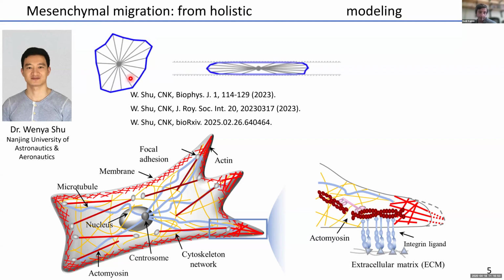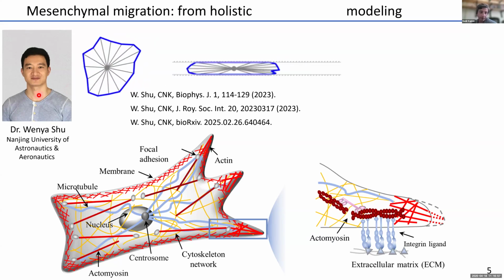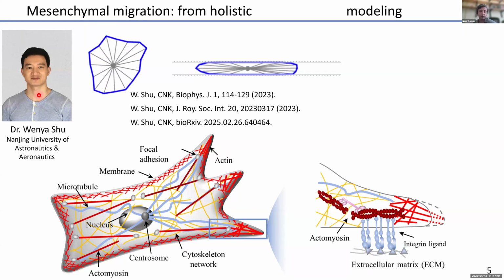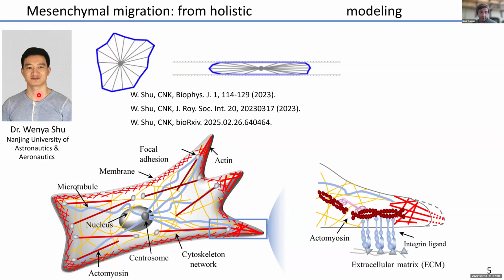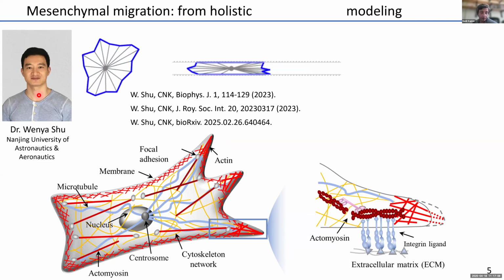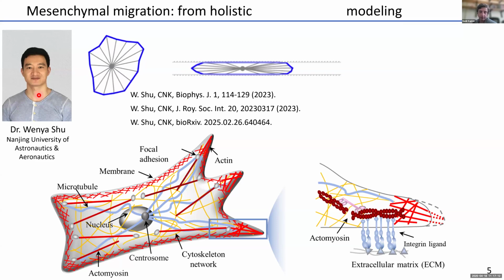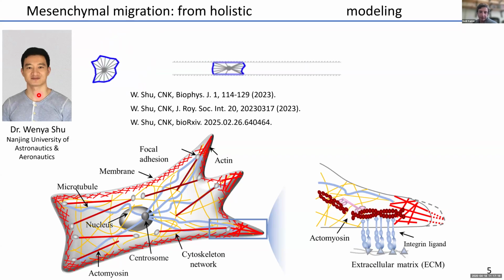And this model is thanks to my previous postdoc, Wenya Xu, who is right now a faculty member at Nanjing University of Aeronautics and Astronautics in China. He's a civil engineer by training, he got his PhD from Rice Civil Engineering. When I asked him, why should we not build a cell, as a civil engineer he literally built a cell, a computational cell.